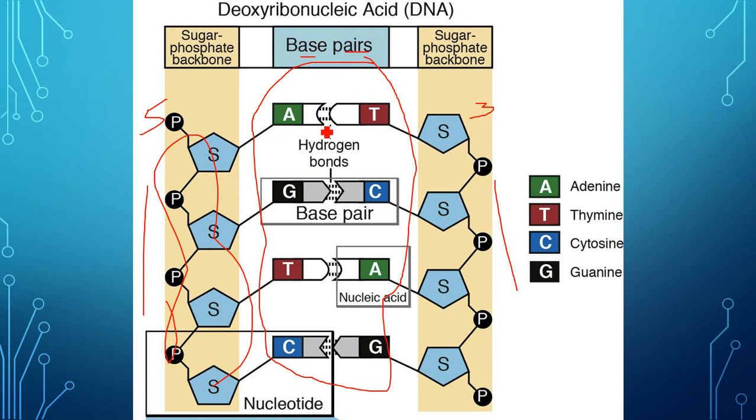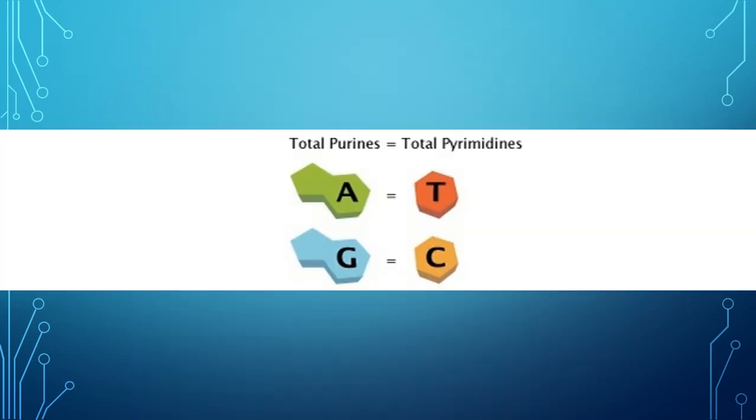When the four nitrogen bases form bonds with one another, that is called a base pair. Pair means two bases. Any two bases paired with hydrogen bonds are called base pairs. Adenine always binds with thymine with the help of two hydrogen bonds, and guanine always binds with cytosine with the help of three hydrogen bonds.